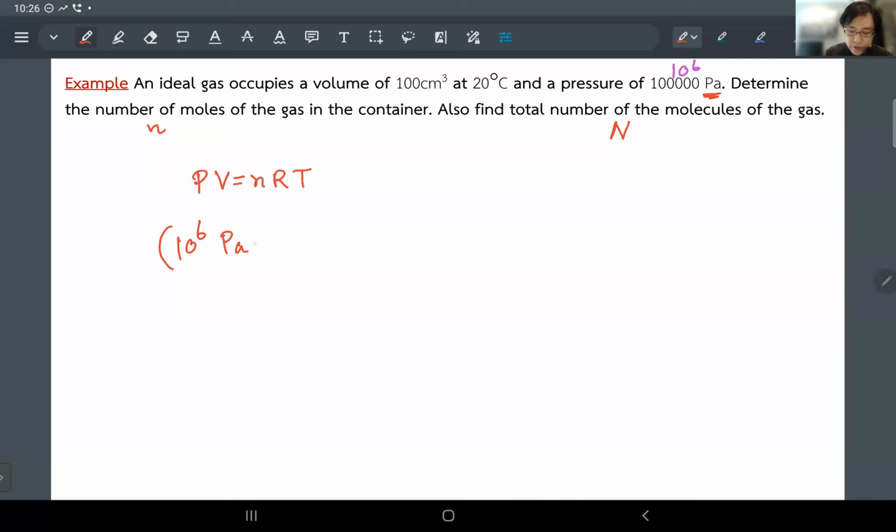Pressure is good. Now the volume is in cubic centimeters. You don't like that, because you want cubic meters as long as you would like to use the SI system. I would like to have a quick check, guys. How can you convert this 100 cubic centimeters to cubic meters?